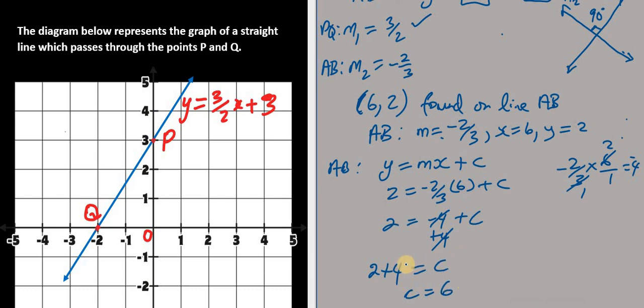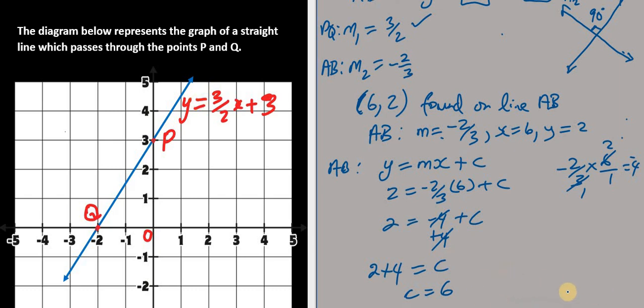That means this particular perpendicular line cuts the y-axis at 6. It's going to be somewhere up here, cutting it somewhere like this. It's going to cut through and hit the y-axis at 6. But it's perpendicular, so it should be slanted like this, since this one goes this way.